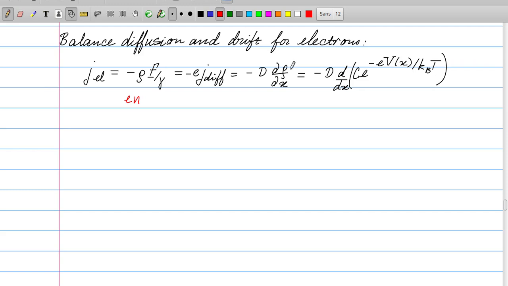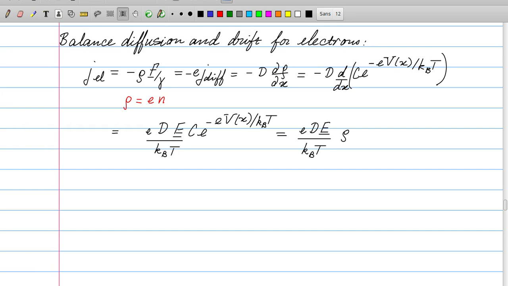But the rho then occurring here is the electric charge density, so I have a minus D times d rho dx. And I know for a fact that rho has the form of a constant times e to the power minus eV(x) over kBT. We have seen that several times before. Taking the derivative is straightforward, and I get the gradient of eV.